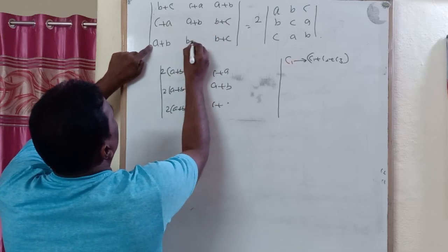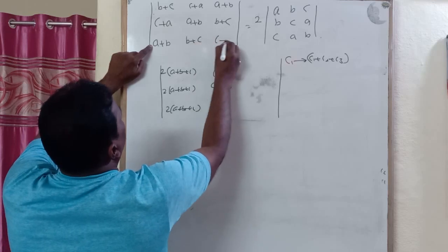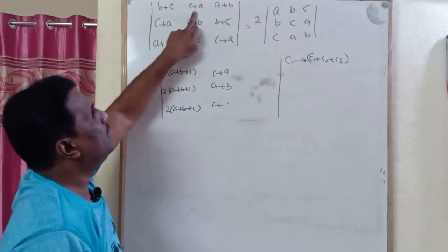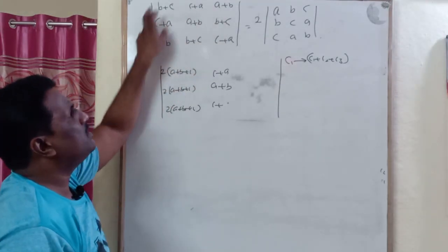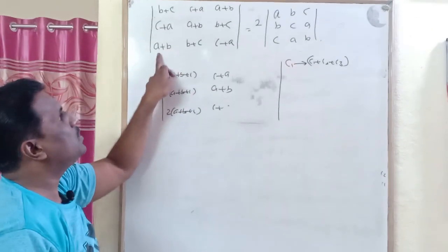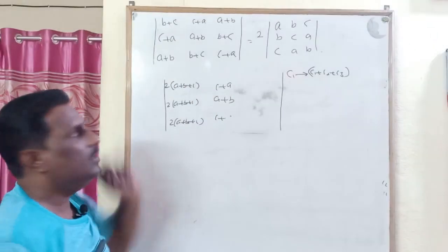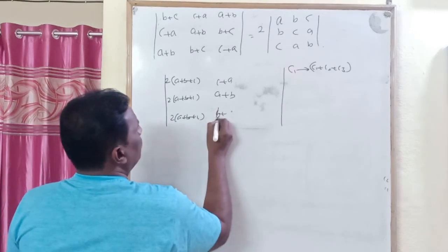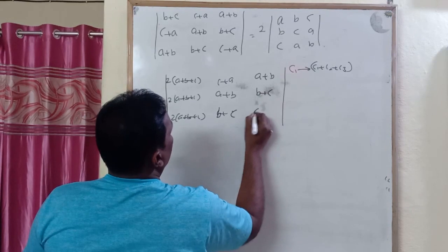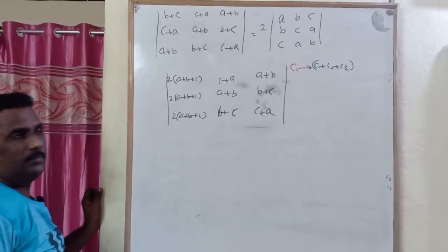See here, after a plus b we should have b plus a, then c plus. This is reasoning: b plus c plus a plus b. Then again it is a symmetric matrix: c plus a plus b, b plus c, then a plus b, b plus c, c plus a. So there is a correction here. b plus c, a plus b, b plus c, c plus a.